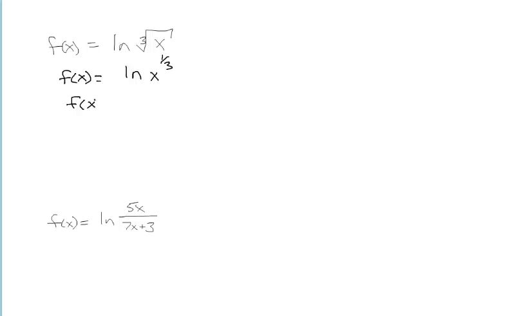So f of x is equal to 1/3 ln of x. And f prime of x then is equal to 1/3 times the derivative of ln of x, which, so we draw our fraction bar, we put the x in the denominator, and then the derivative of x is 1. So we end up with 1 over 3x.